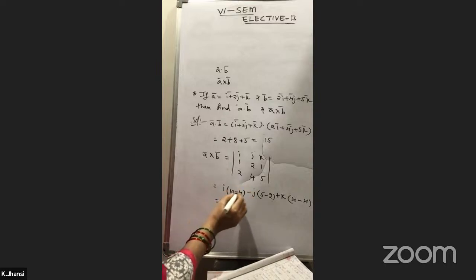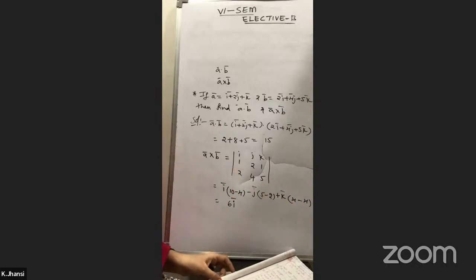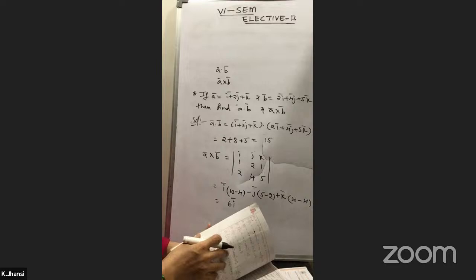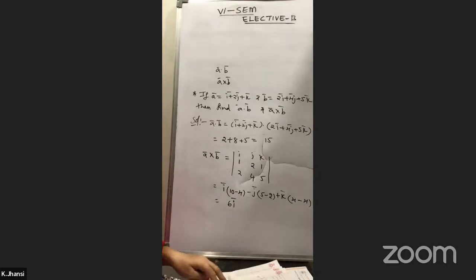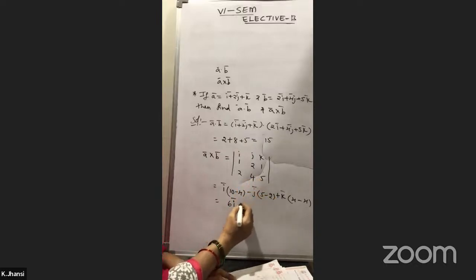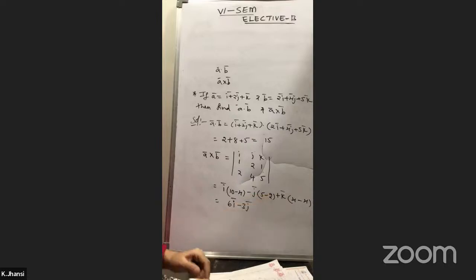So it is equal to 10 minus 4 is 6, 6i. Next, 5 minus 2 is 3, so it is minus 3j. The k term is 0, so no need of writing the k value.